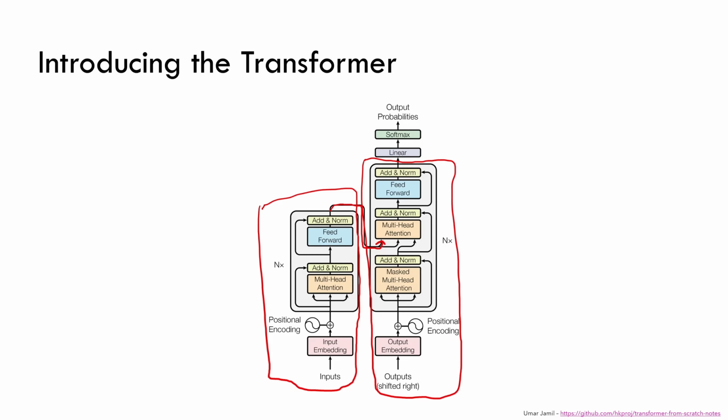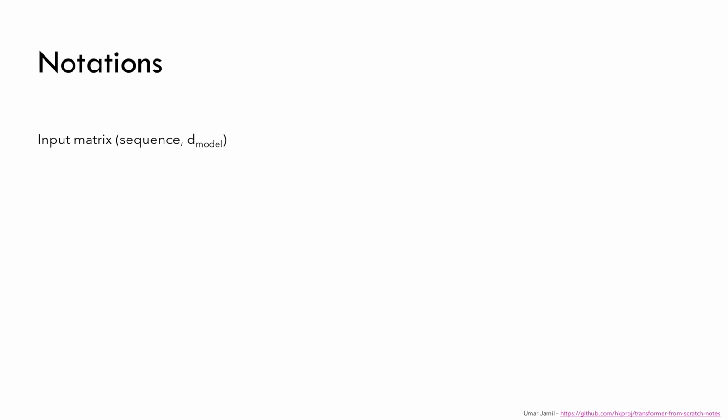Let's start first of all with some notation that I will be using during my explanation, and you should be familiar with this notation, also to review some maths. The first thing we should be familiar with is matrix multiplication. So imagine we have an input matrix, which is a sequence of, let's say, words. So sequence by d_model, and we will see why it's called sequence by d_model.